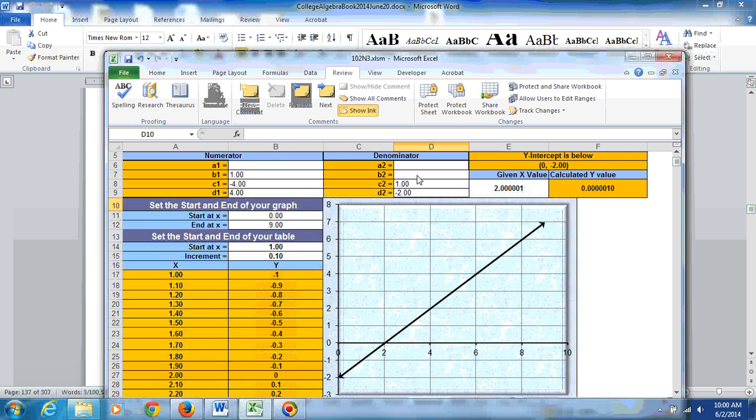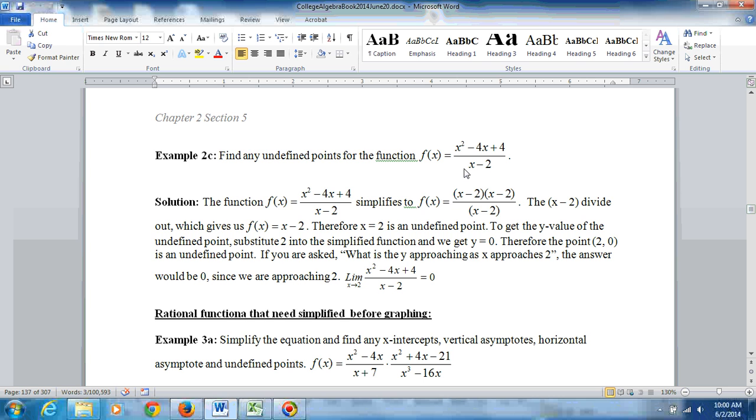So let's put that in. And now that's what this graph is looking at right here. And let's make sure we have everything correct on this. And it's x minus 2 in the denominator. And we're looking for any undefined points and so on.